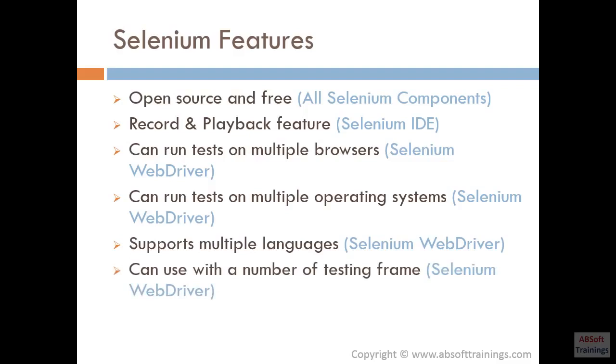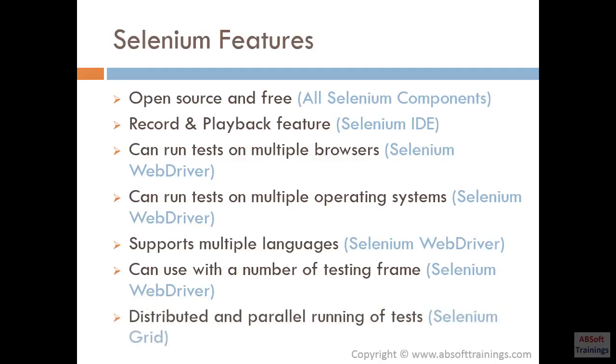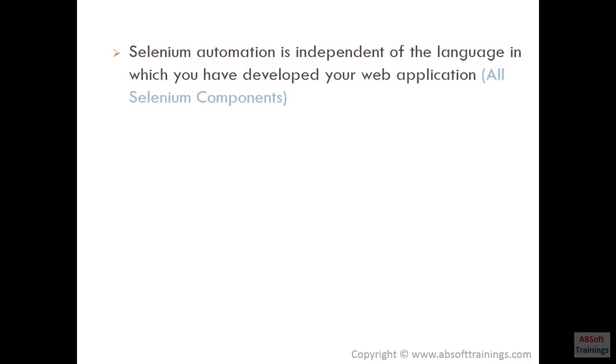You can use Selenium with a number of testing frameworks like JUnit, TestNG, NUnit to make your automation more effective. It allows distributed and parallel running of tests on multiple browsers and operating systems. The next one is Selenium automation is independent of the language in which you have developed your web application. If your web application is developed with C#, you can still use Selenium with Java to automate it.